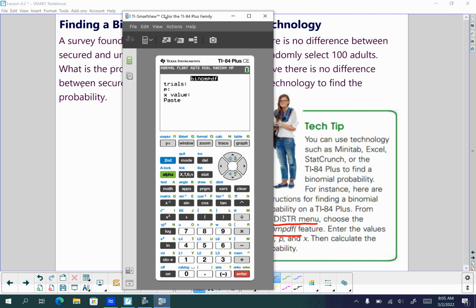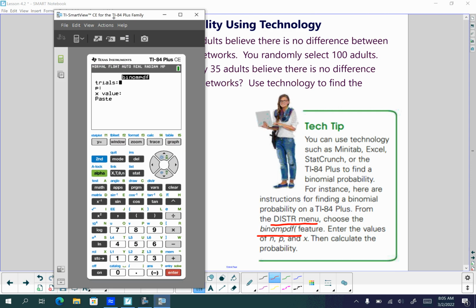Okay, and then it just asks you for all the information. So let's just use the last example that we did a second ago instead of a new example. So the last example, you had 5 trials. The probability of success in the last example was 0.25. You don't have to enter the probability of failure because the calculator can figure that out. And then the X value that we're using is a 3.